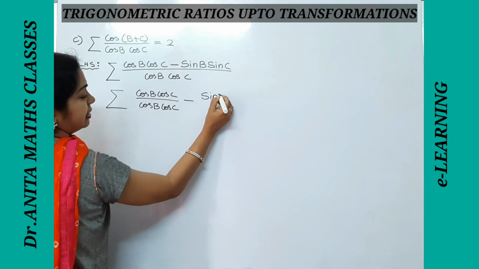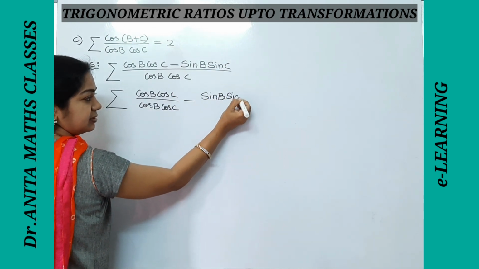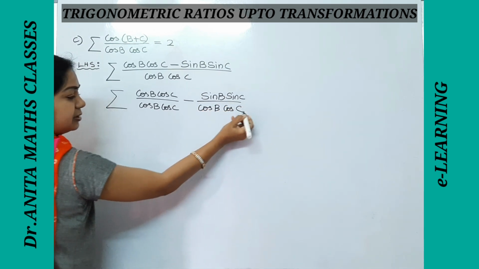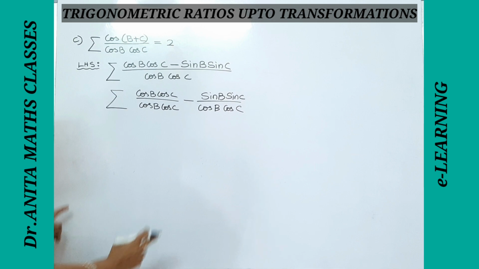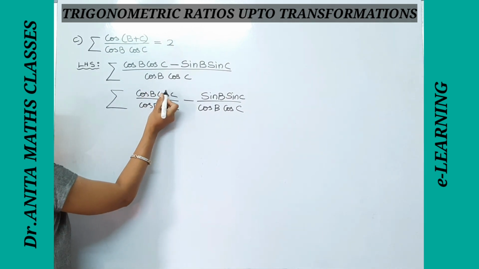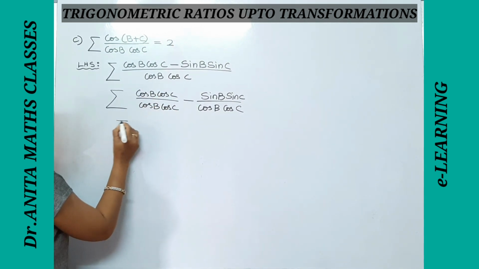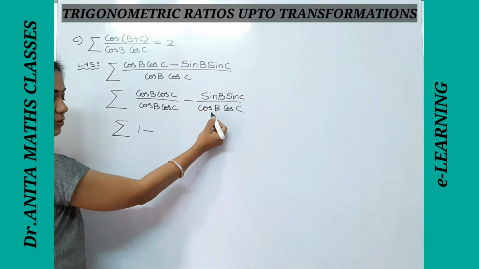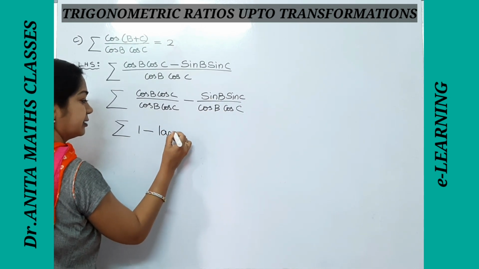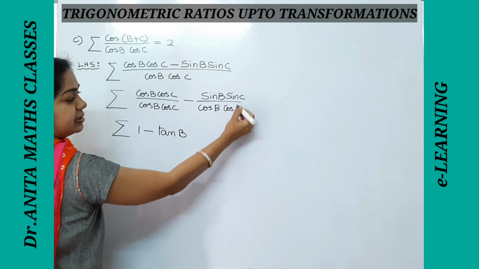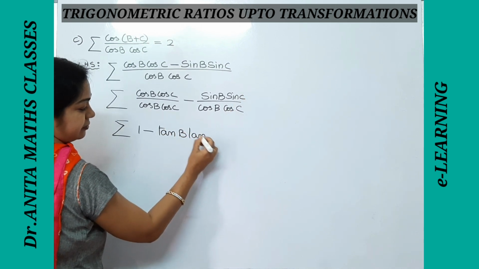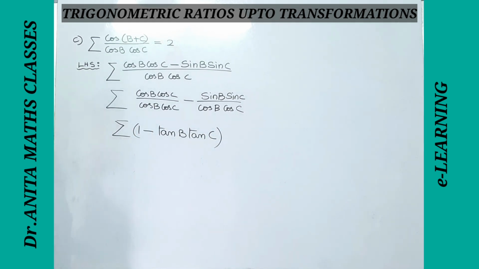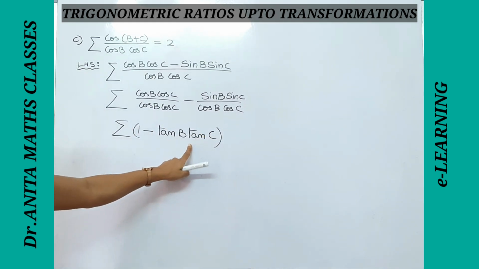So this becomes sin B sin C divided by cos B cos C. Now this clearly is 1. So summation 1 minus, and here sin B by cos B is tan B, and this is tan C. So this finally becomes summation of 1 minus tan B tan C.